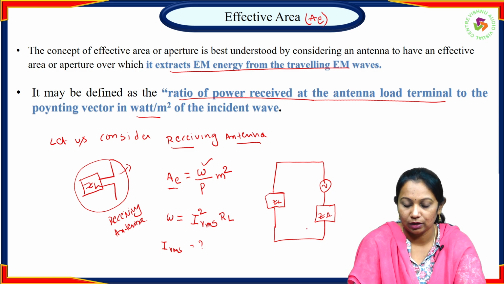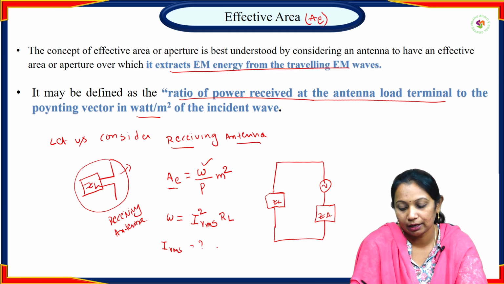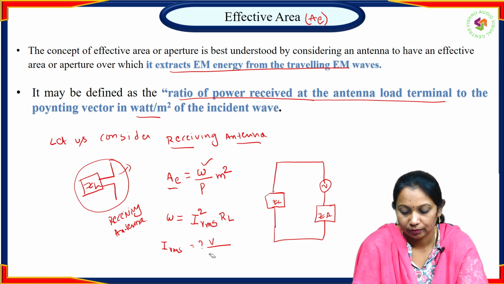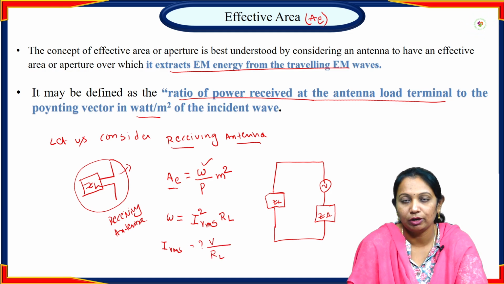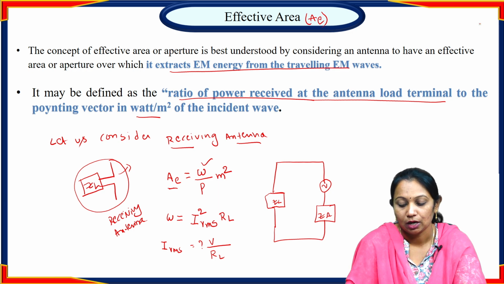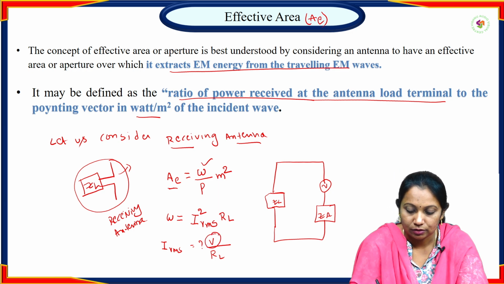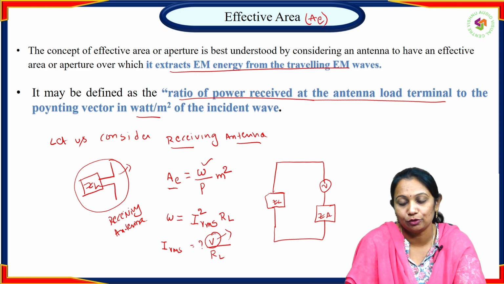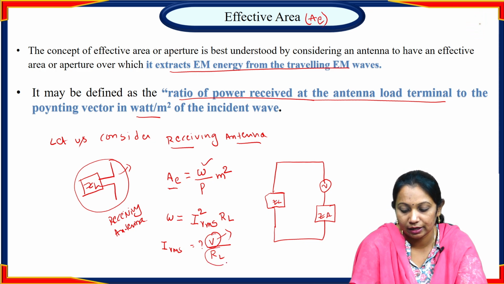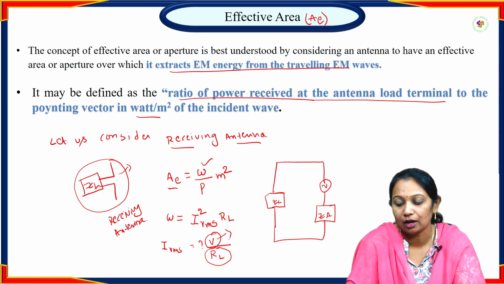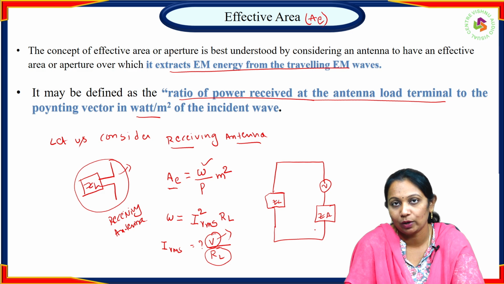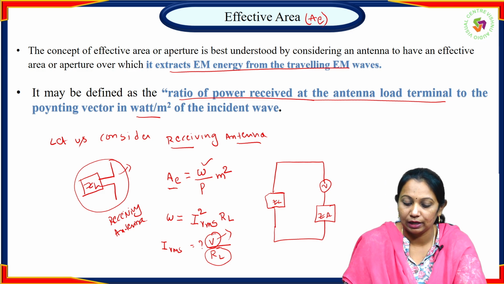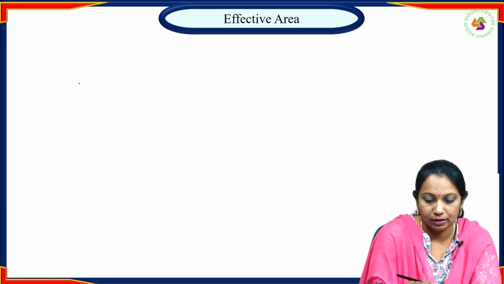From this we calculate the expression for I. In general, I can be written as V by R, where V is the induced voltage at the load terminals and R is the total equivalent resistance of this equivalent circuit. We write it as IRMS.